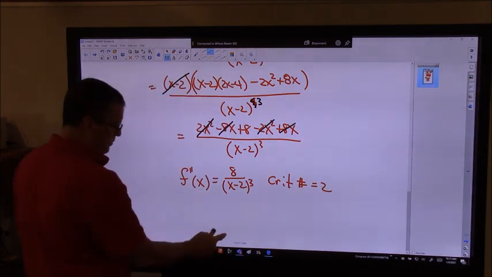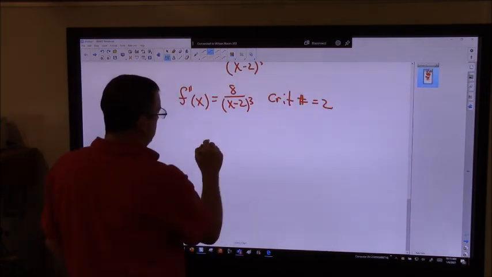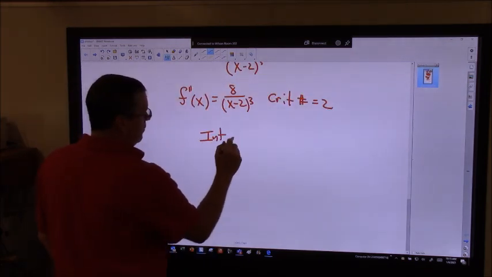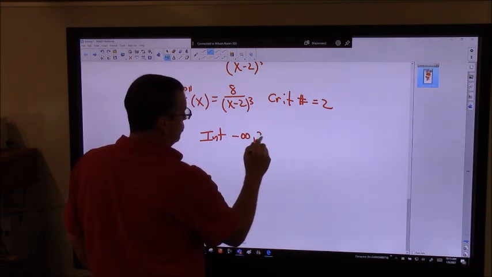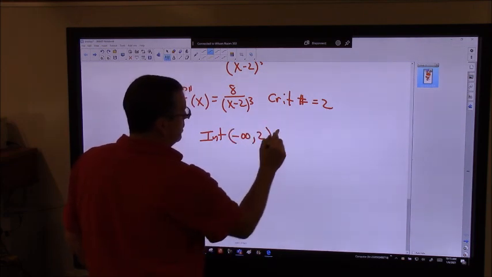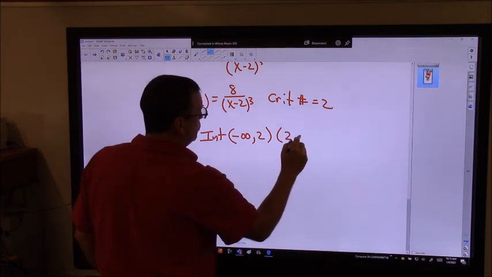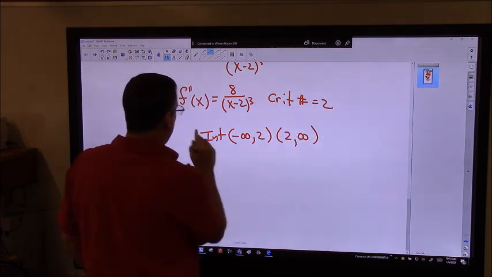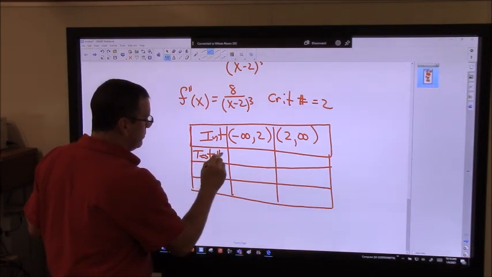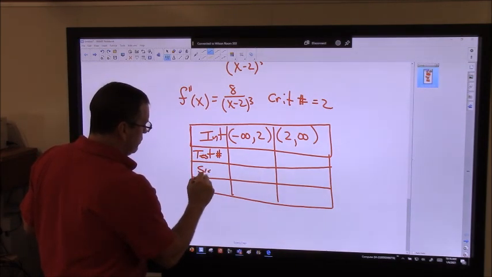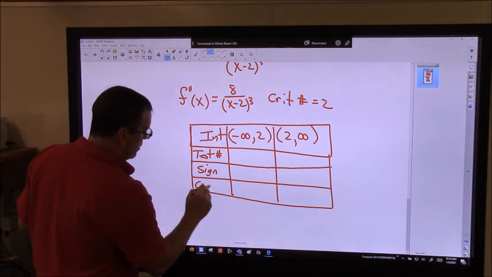When I do my second derivative test, my intervals are going to be from negative infinity to 2, and from 2 to positive infinity. So I need a test number. I'm going to check the sign and then draw a conclusion.